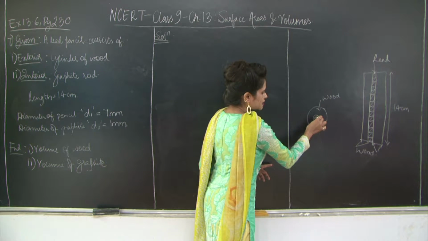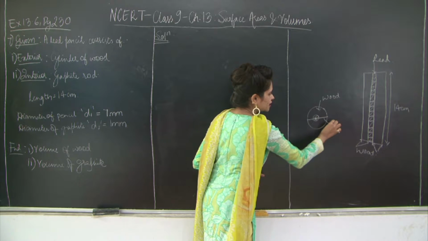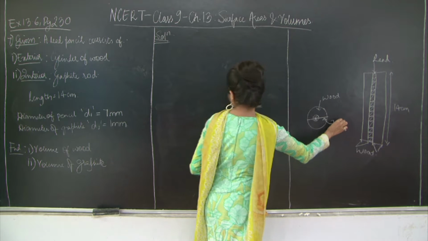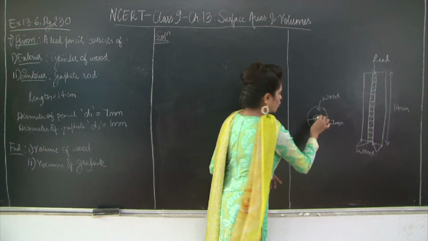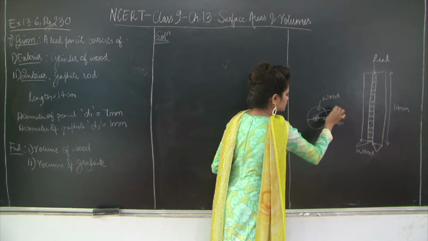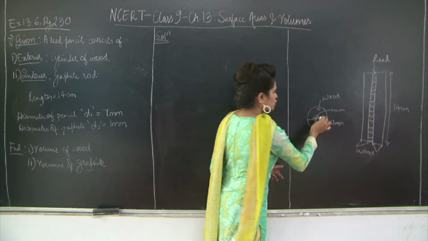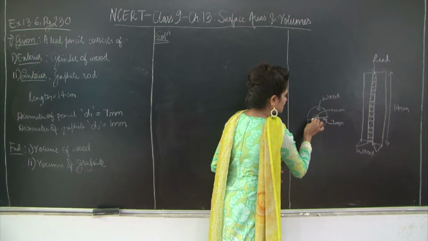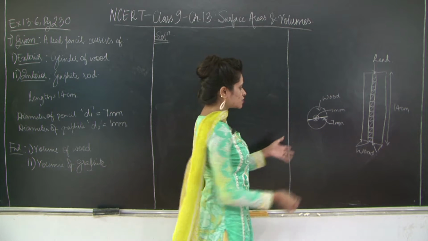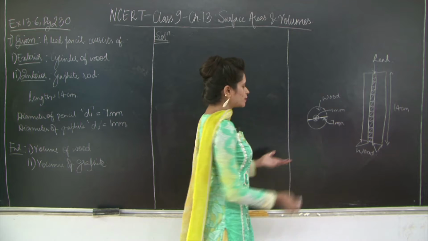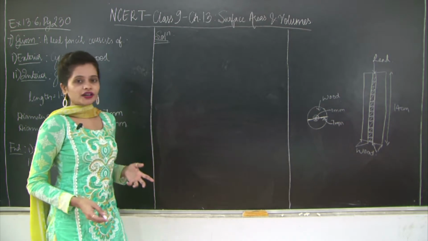Suppose this entire diameter is 7 millimeters and this entire region is 1 millimeter. So 7 minus 1 is going to be how much? 6 millimeters. So this region plus this region is 6 millimeters, but we need to take the half of it, right, which is going to be 3 millimeters. That will help us find the volume of the wood.